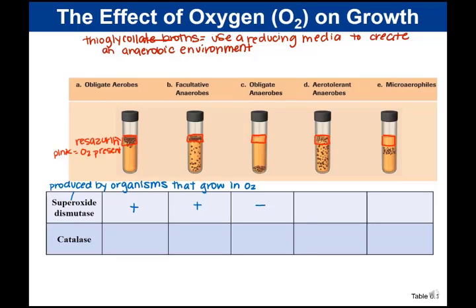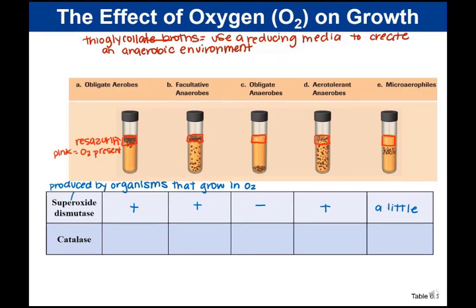Aerotolerant anaerobes do grow where O2 is found. That would be positive. And then lastly, we have our microaerophile, our little air lovers. They do grow where O2 is found, but only where we have a low concentration. And that's because they do produce SOD, but only a little bit.